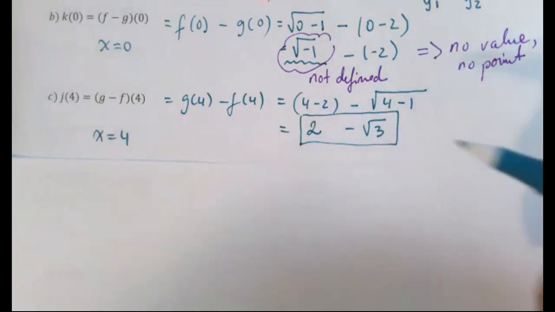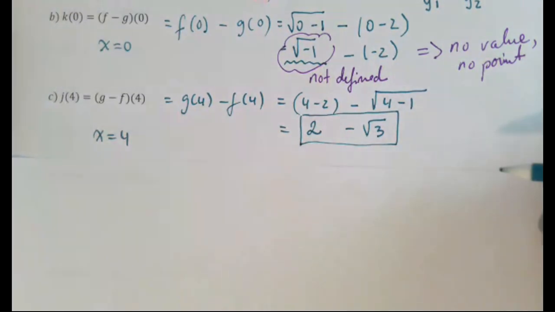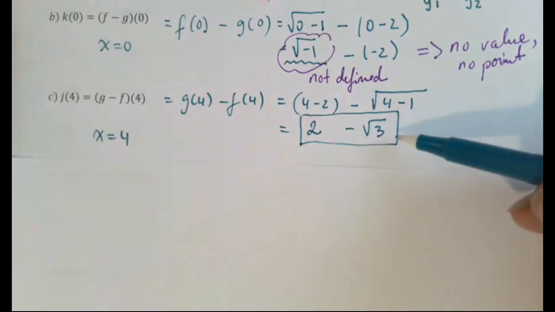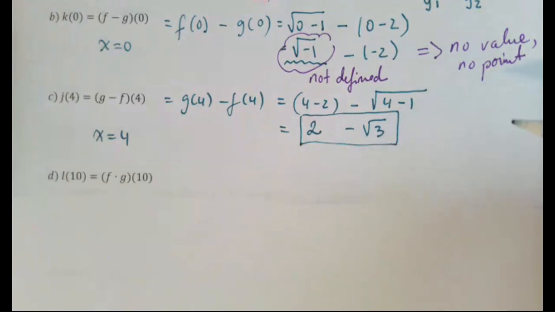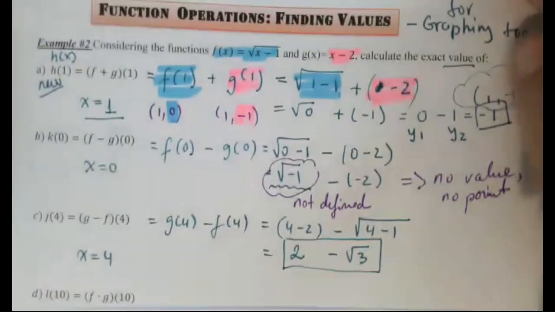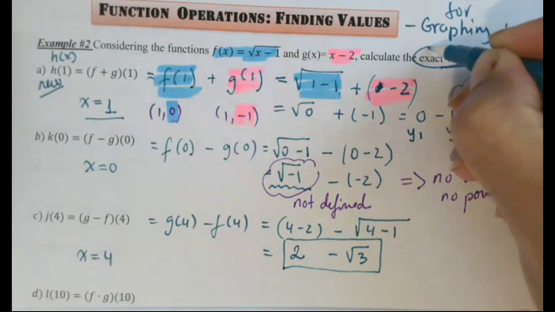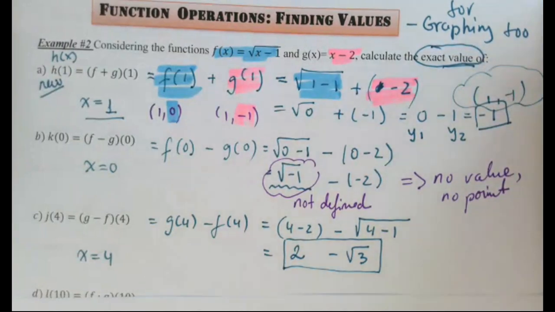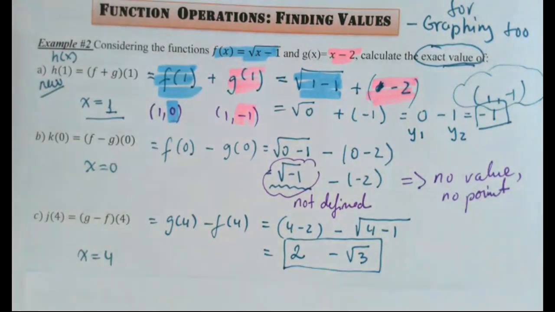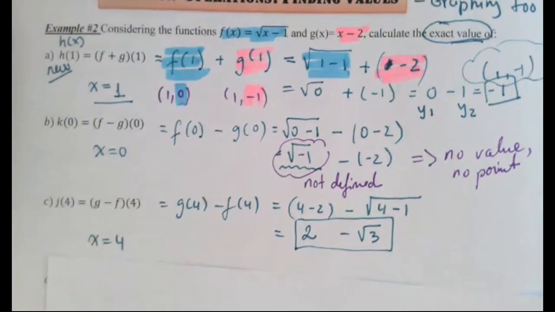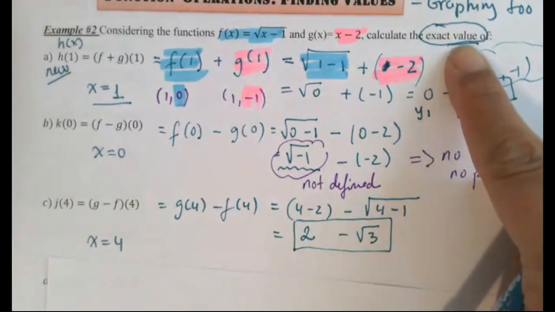Now, those of you that are using a calculator extensively might be tempted to evaluate that to an approximate decimal. Don't, just leave it as an exact value, especially because most of our questions will say exact value. That's what they refer to. Sometimes we learned so many new terms in this course that this might get you into trouble.